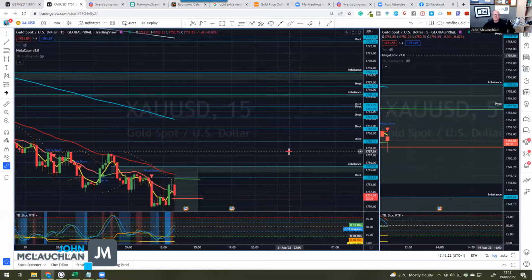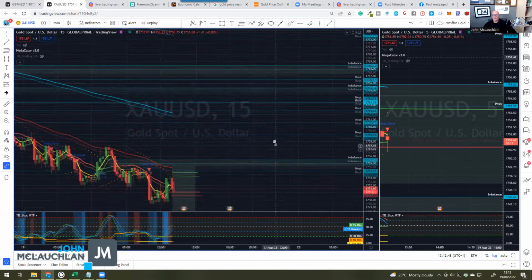I have been doing the other pairs, but because my mindset was looking at gold, and I did a lot of gold trading prior, 3 or 4 months before I went live, I found that trading Forex pairs, because the price action is slightly different, I'm having to switch that mindset.